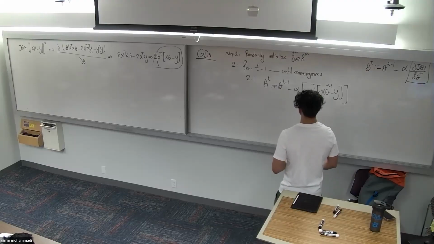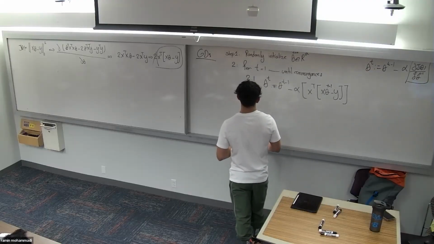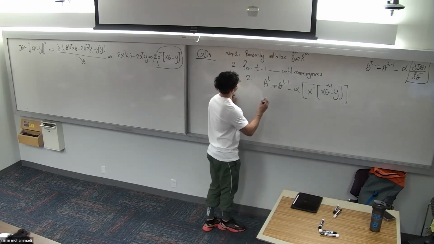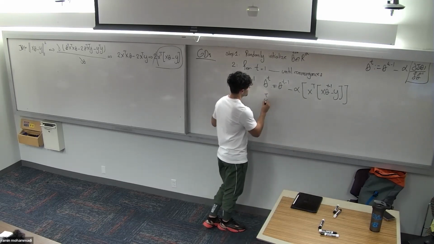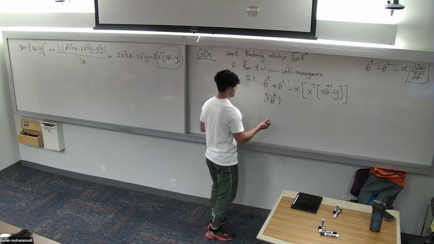Now, okay, so you calculate J of theta at time t, which is basically x theta t minus y. So at each time, when you update the theta in this line 2.1, we did update the theta, correct? We have a new value at time t.